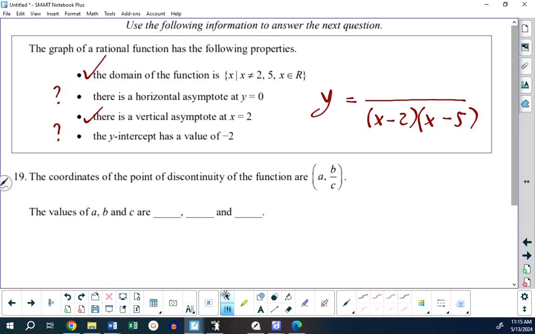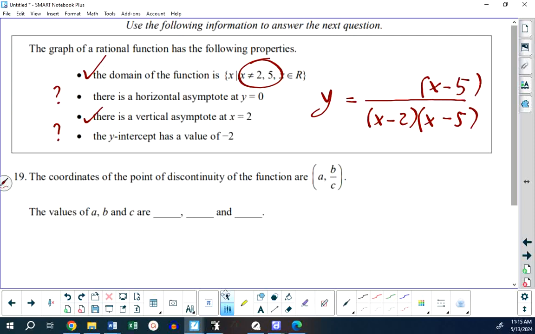You're told there's a point of discontinuity. Right? Not in the context box, but in the question, you're told there is, in fact, a point of discontinuity. Now, what does that mean? It means that since these are the only two non-permissible values of x, and 2 is where there's a vertical asymptote, 5 must be where there's a hole.